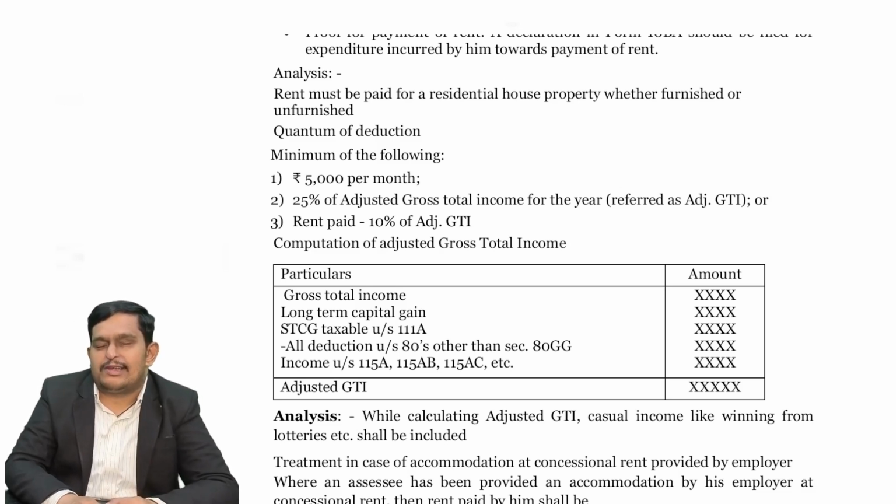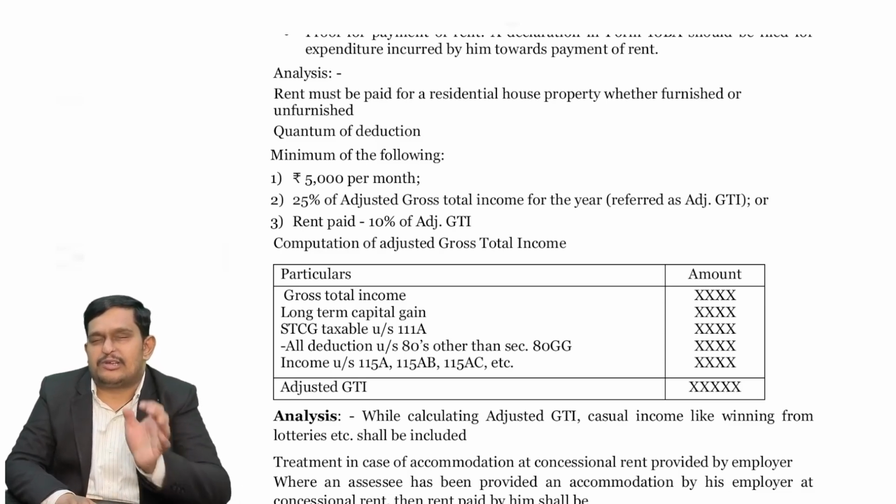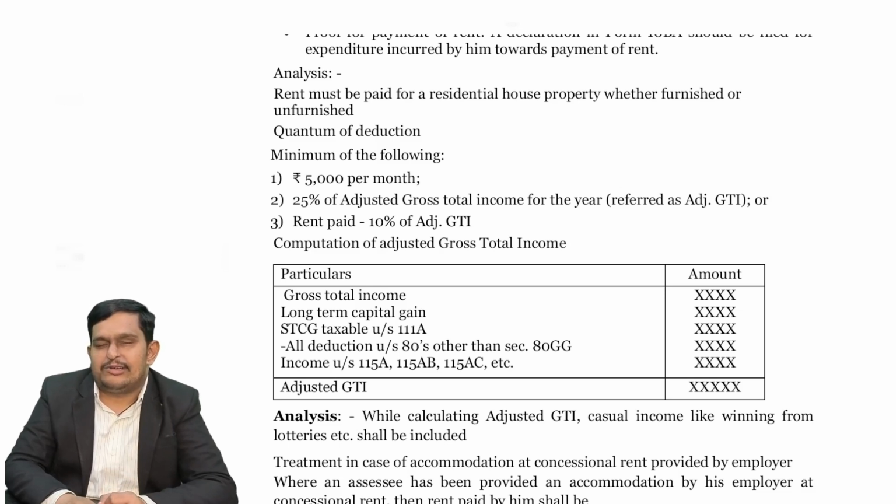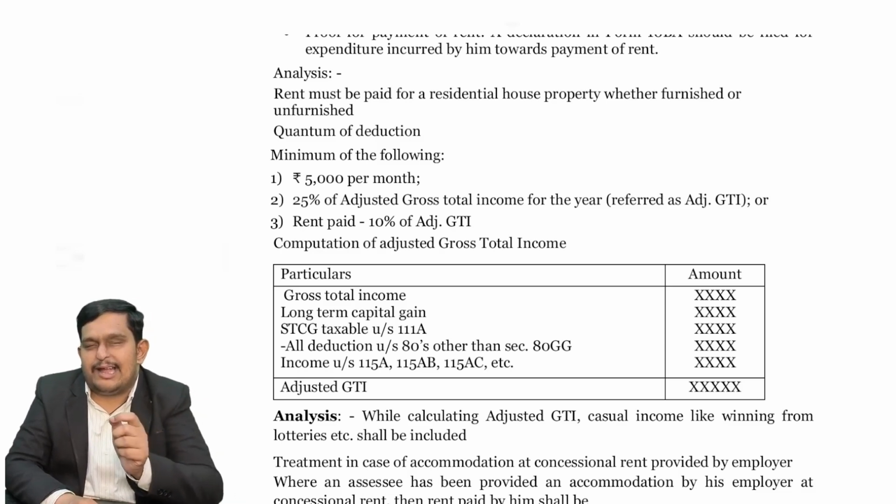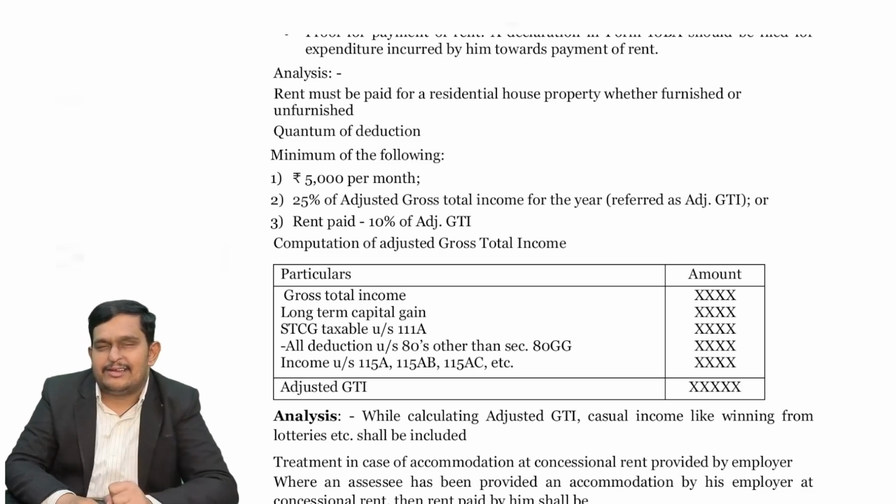Now, out of the three, what is the toughest thing to understand? Adjusted total income is tough, correct? Let's understand that now. Adjusted total income is very simple because you take gross total income. Once you take gross total income, from that deduct long-term capital gain. Deduct short-term capital gain under 111A.